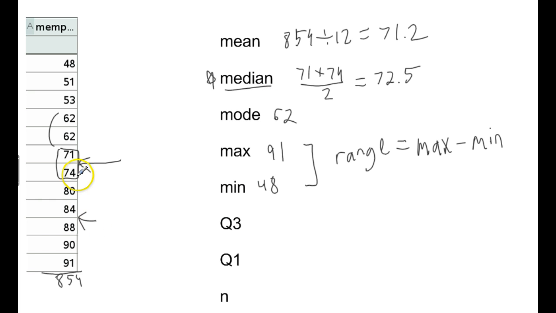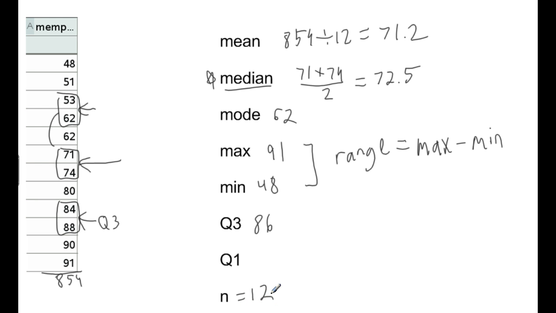So you have to think in the middle of this piece of data. And so this is where Q3 would be. And of course, we have to do the same thing we did there. We average those two. So Q3, I think, would be 86. And then we take this and we average those two terms. Whatever that is, Q1, if we average those. And N is just the number of terms. So N is 12. There are 12 terms here.